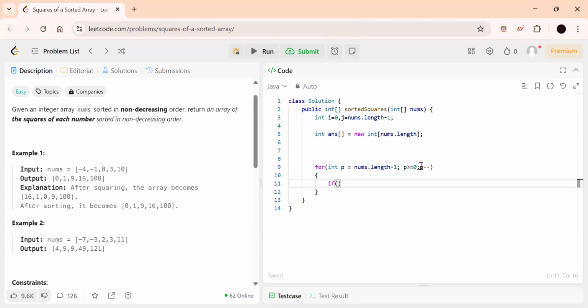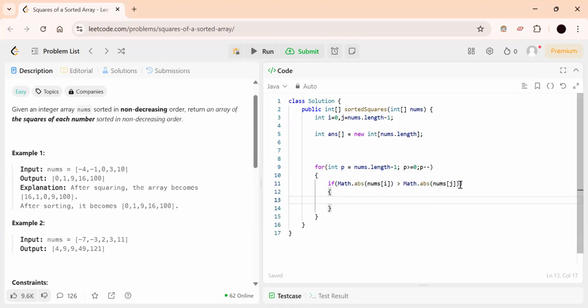If the absolute value, Math dot abs of nums of i, is greater than Math dot abs of nums of j. If your first value is greater than the last value, then obviously we are doing Math dot abs, guys, to get the actual value.